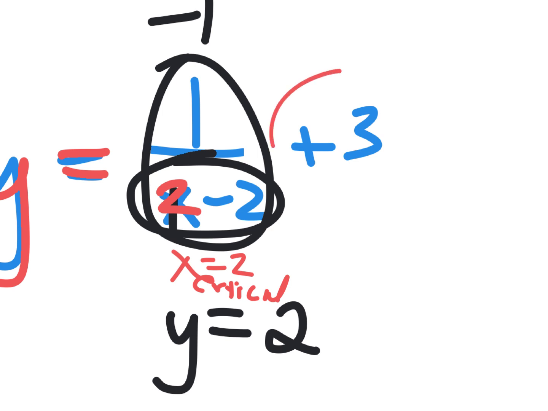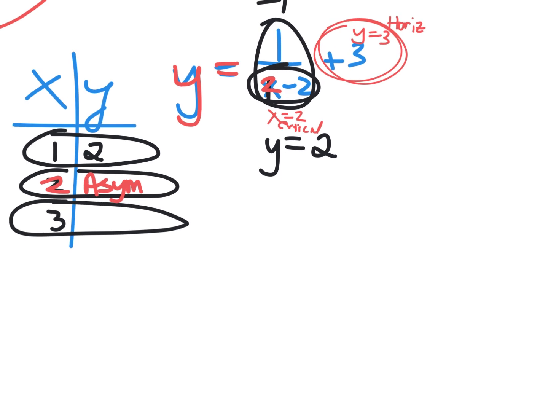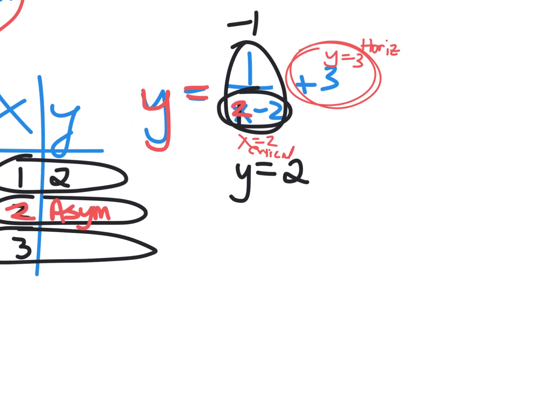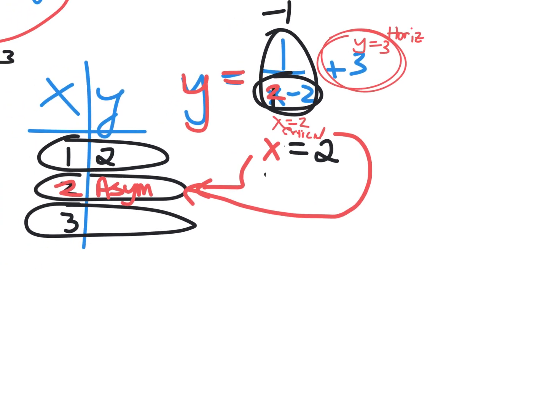And this one then is the horizontal asymptote. Okay, so that right there, wait a minute, I just wrote y equals 2. I'm so sorry, that's x equals 2. It says it right above it, x equals 2. And that x equals 2 gave us the, what kind? Zertical. The zertical asymptote. The vertical asymptote is x equals 2.